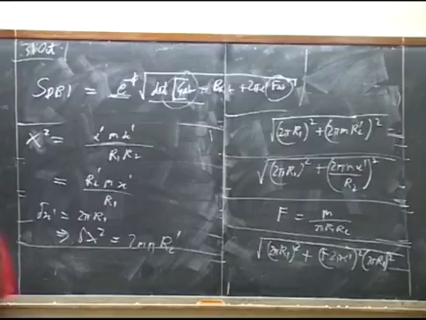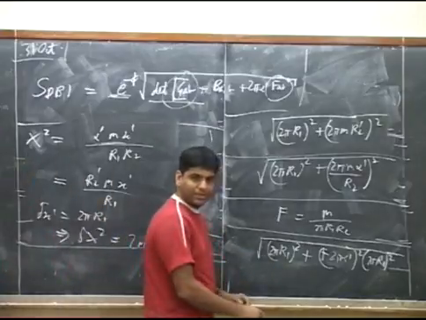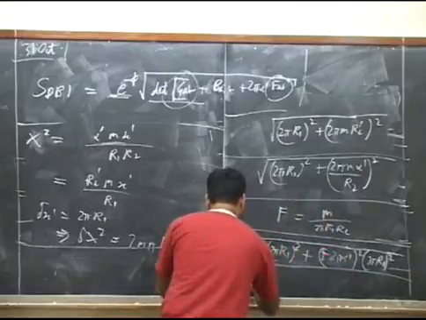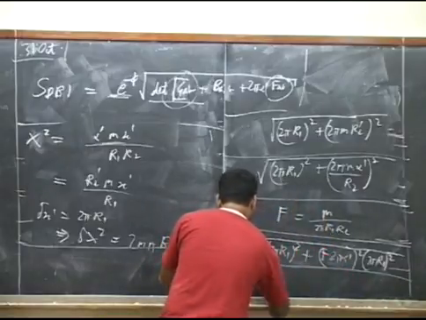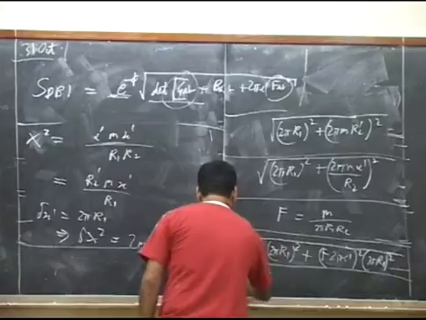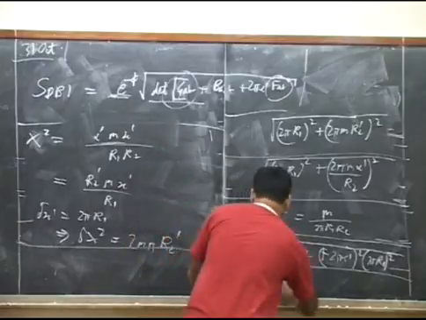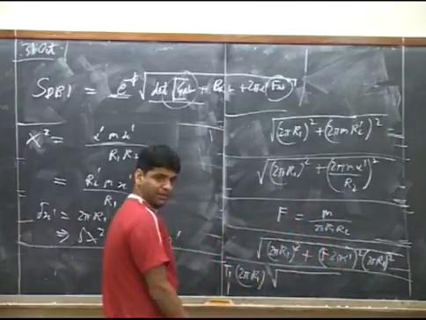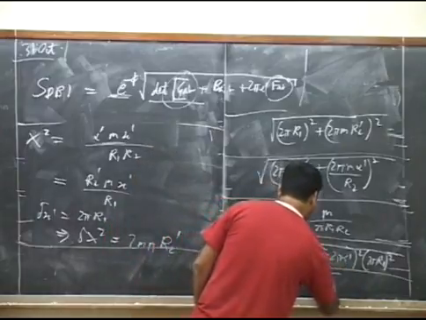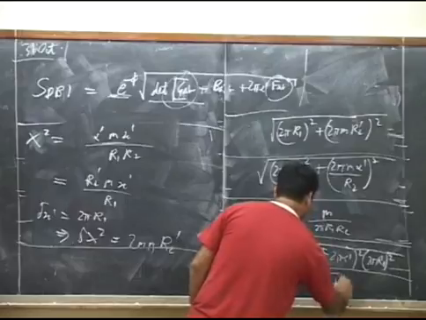Now we take the (2 pi r1) squared out common, and then there's the T1, which I'll take outside the square root. That's 2 pi r1 times T1, times the square root of 1 plus (F 2 pi alpha prime) squared.